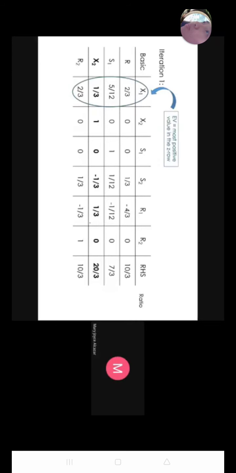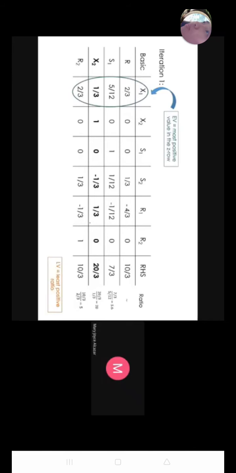Then find the least positive ratio. For S1, we have 7 over 3 divided by 5 over 12, so that is 5.6. For X2, we have 20 over 3 divided by 1/3, so that is 20. And for R2, we have 10 over 3 divided by 2/3, which is equal to 5.